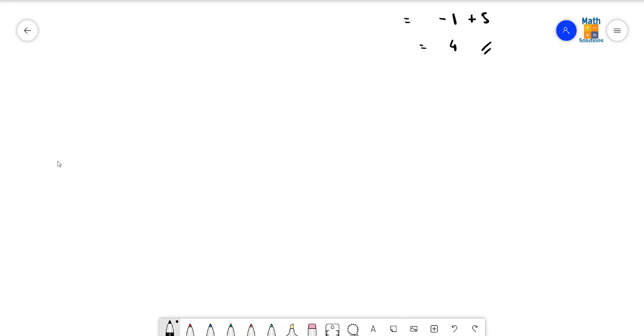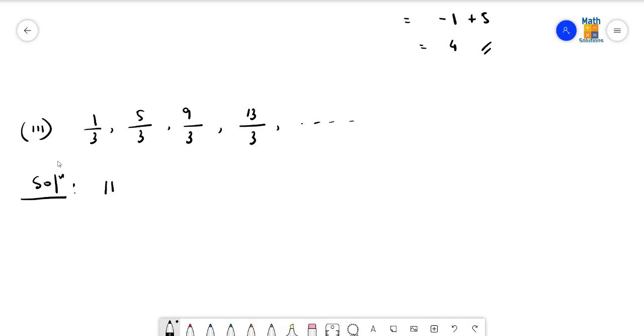Similarly, coming to the third question, under this the AP is 1 by 3, then after 5 by 3, then after we get 9 by 3, then after I get 13 by 3, and that goes on. So in the solution part, what do I get?